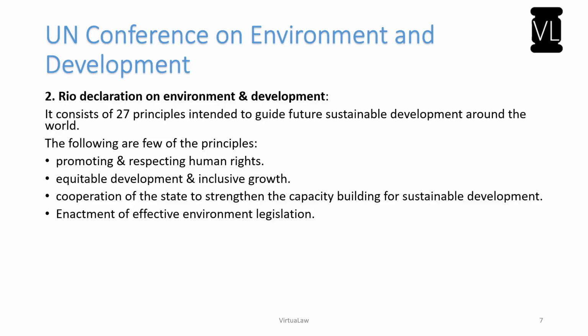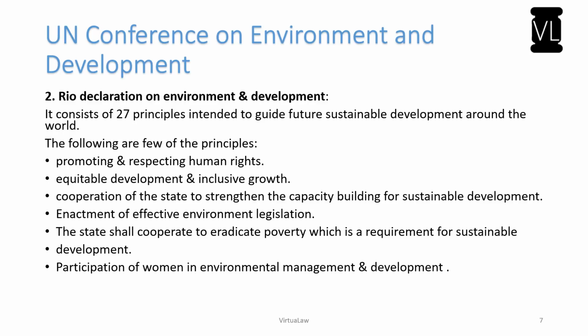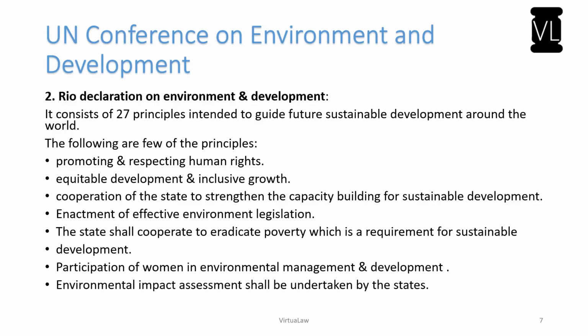Effective environmental legislation has to be enacted, and the states shall cooperate to eradicate poverty, because that is considered as one major block for sustainable development. And then participation of women in environmental management and development. Women should be actively involved in environmental management and development. And finally, EIA, that is Environmental Impact Assessment, shall always be undertaken by the state. So these are the major principles which have been adopted by the Rio Declaration.